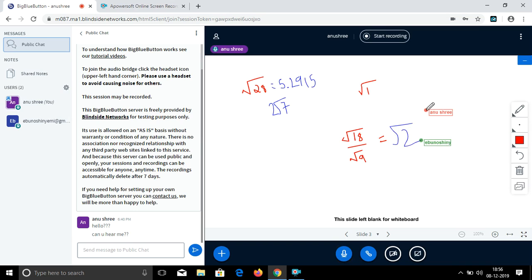Yes, that's correct. Now this is how to simplify.